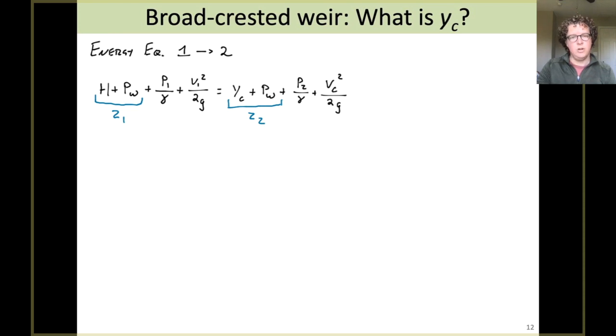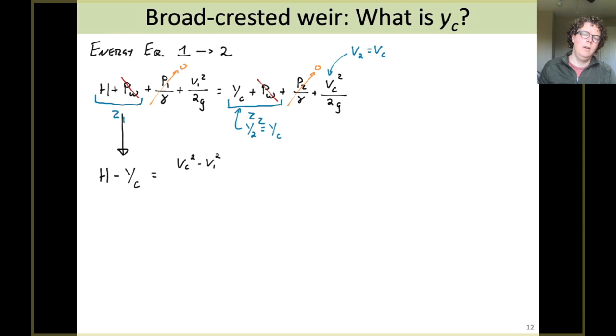Now, from our energy equation, we can pick points that are both at the free surface, so P1 and P2 equal 0. There's a Pw, height of weir, on both sides, so we can get rid of that term. Noted in blue, what would normally have been y2 and V2, I've put in as the critical depth, yc, and the critical velocity, Vc.